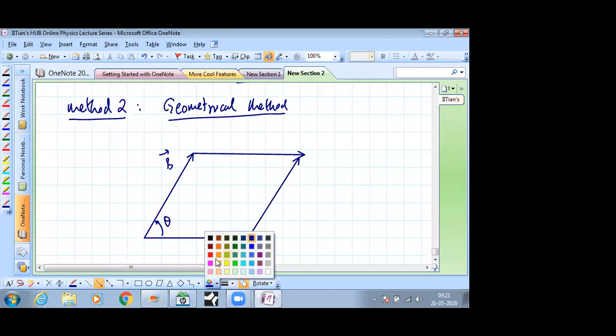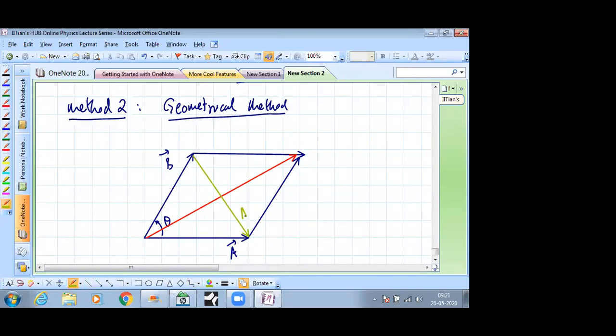Now in this, you know that the sum of A and B is this diagonal, and the difference of A and B is this diagonal. So this is A minus B, and this is A plus B. Okay.